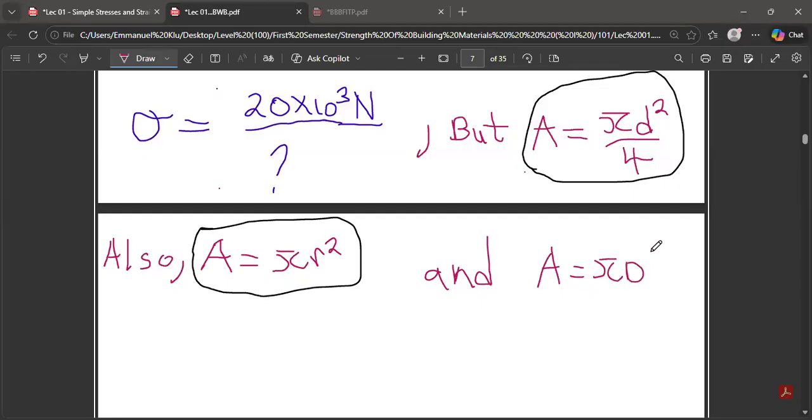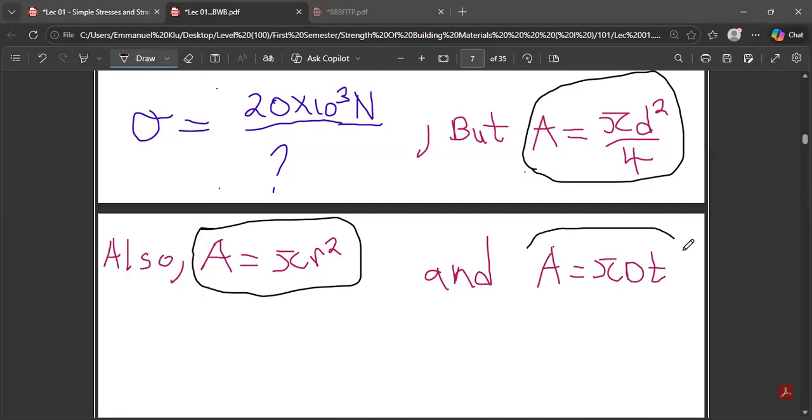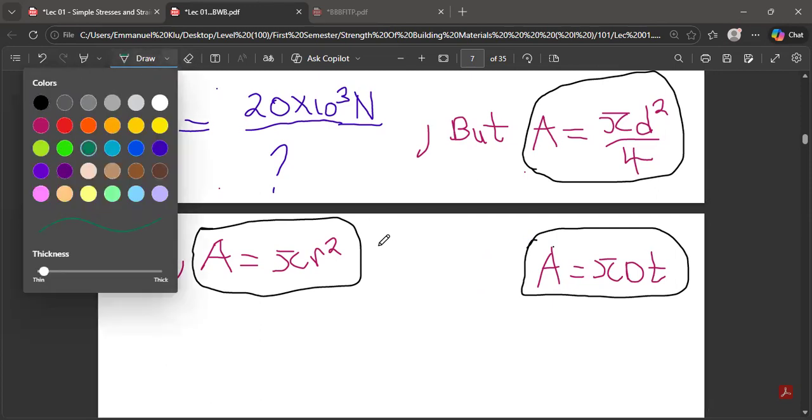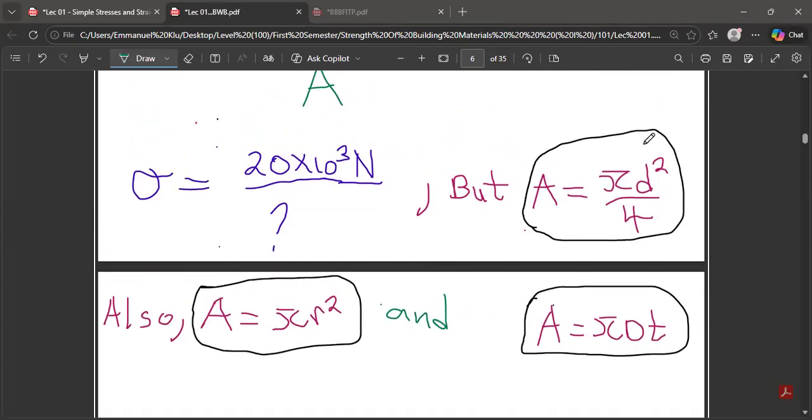That is pi times the diameter times the thickness. Take this or jot these things down. Take these things very seriously. But in this case, I will just choose to use one and then we proceed. So let's adopt the first one that I picked.